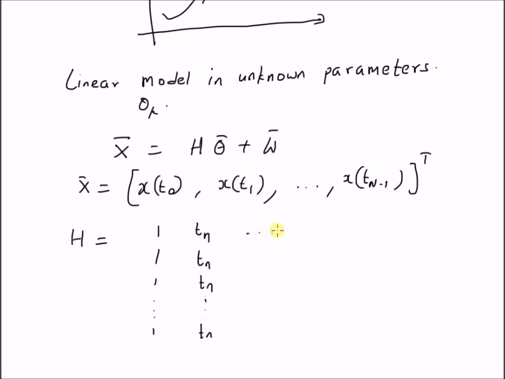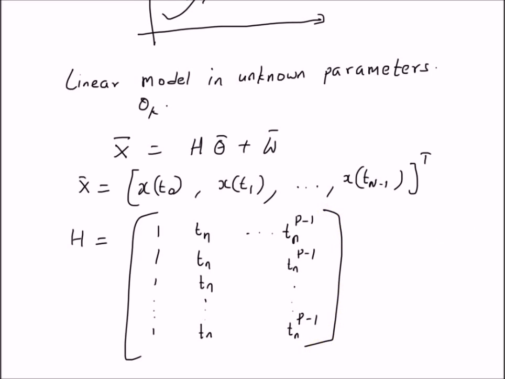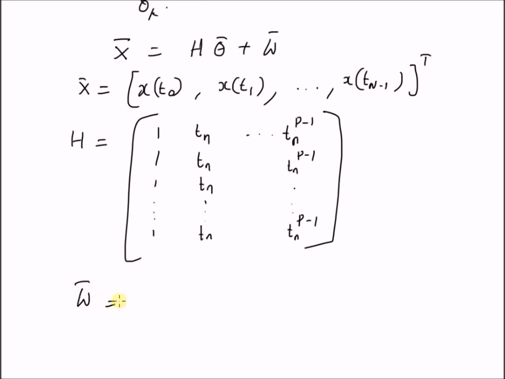And finally for the last column, that is theta p, we have tn power p minus 1. So this is the observational matrix H, and of course the noise vector w bar consists of the following components: w of t0, w of t1 up to w of tn minus 1.